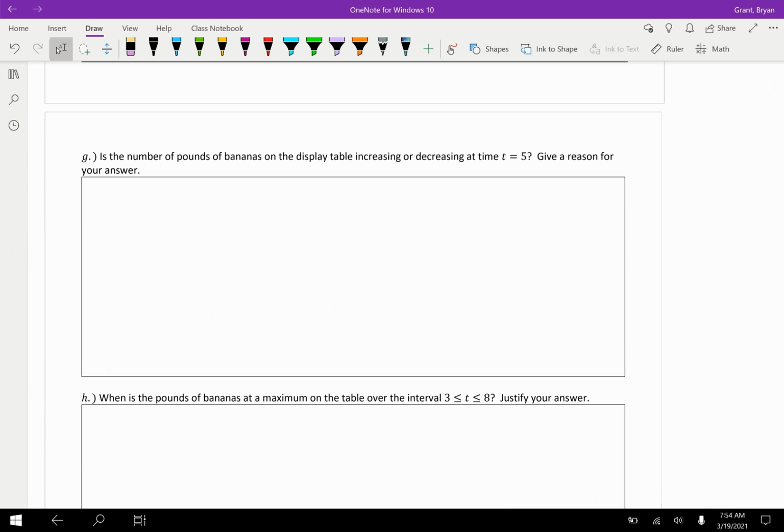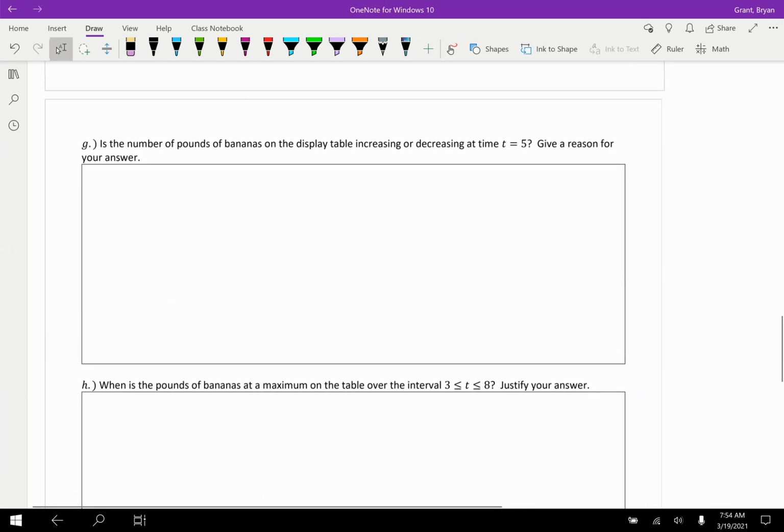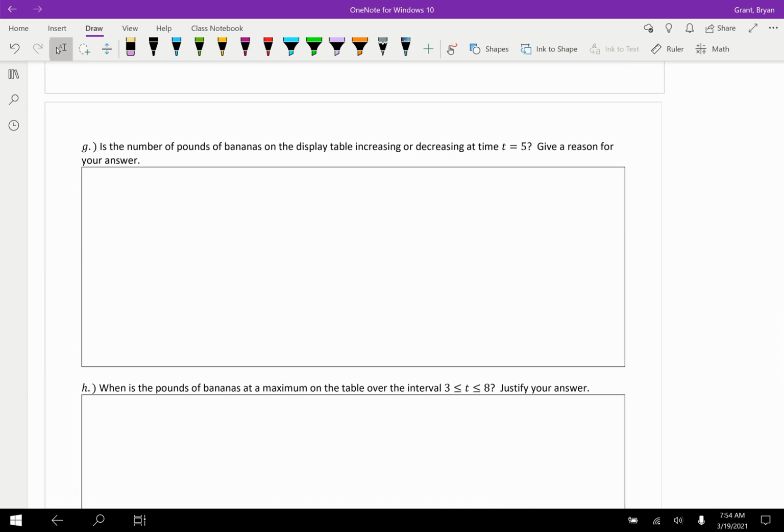Actually, relevant: is the number of pounds of bananas on the display table increasing or decreasing at a time of 5? Well, there are two ways to do this. I'll give you my favorite way. We know the equations that are in charge of increasing and decreasing, right? Increasing the bananas is g of t, decreasing them is f of t, the amount that they're removed.